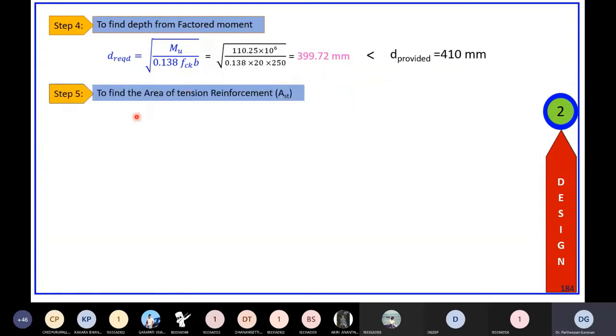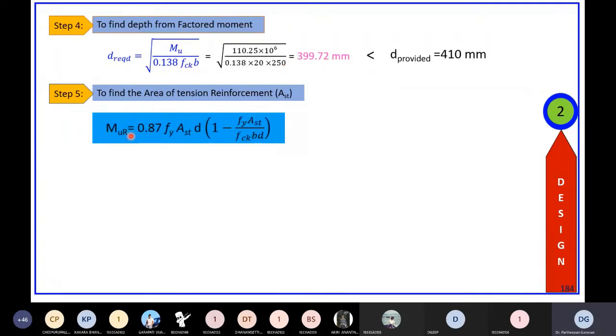So next, to find out the area of tension reinforcement, because D provided 410 millimeter is greater than the D required for a balanced section, obviously it's an under reinforced section. Now, for an under reinforced section, from Annex G 1.1b of IS 456 2000, MU is equal to 0.87 FY AST D into (1 minus AST FY by BD FCK). This formula is given on page number 96.